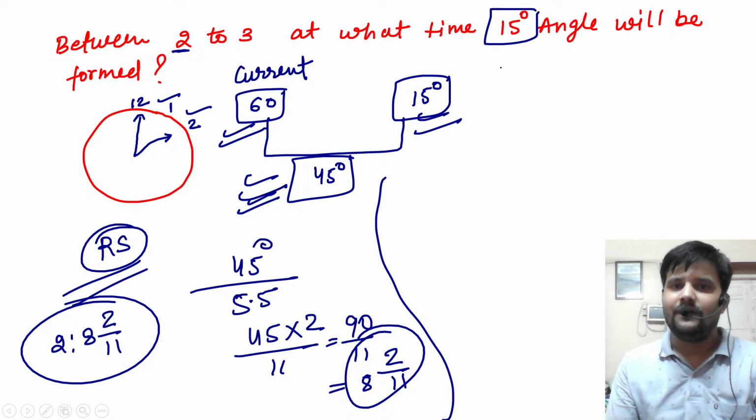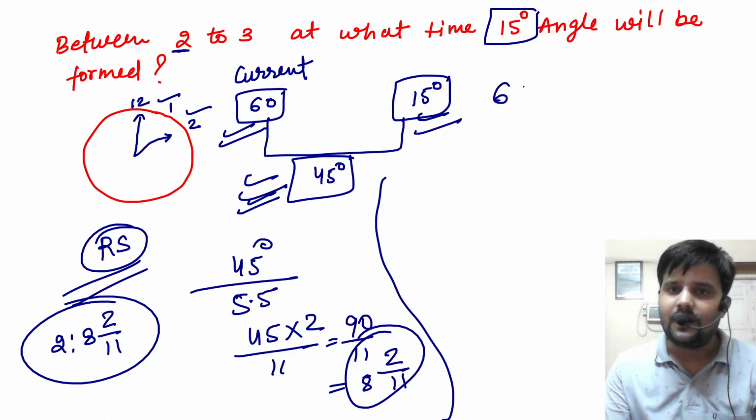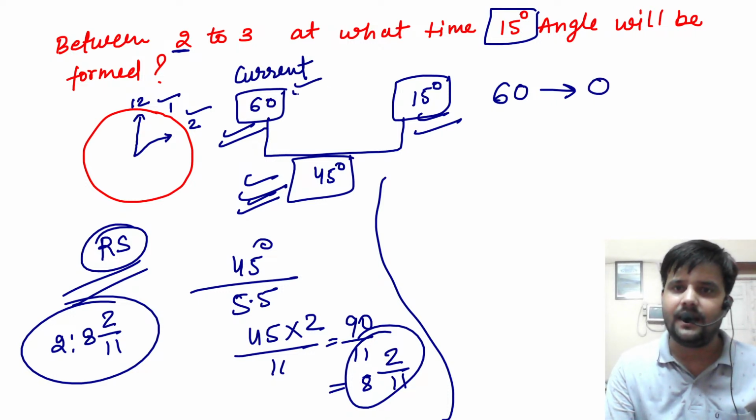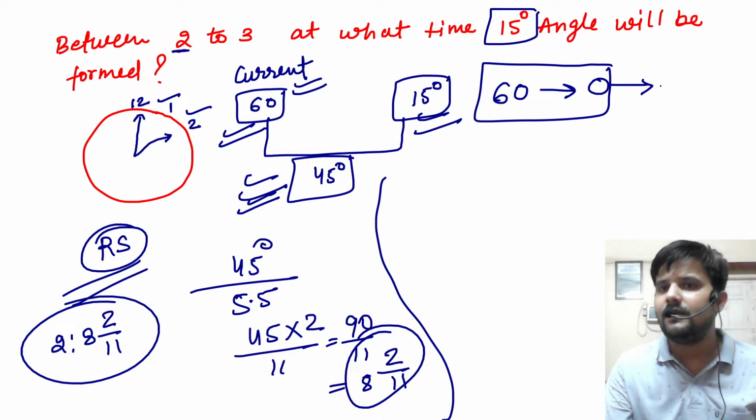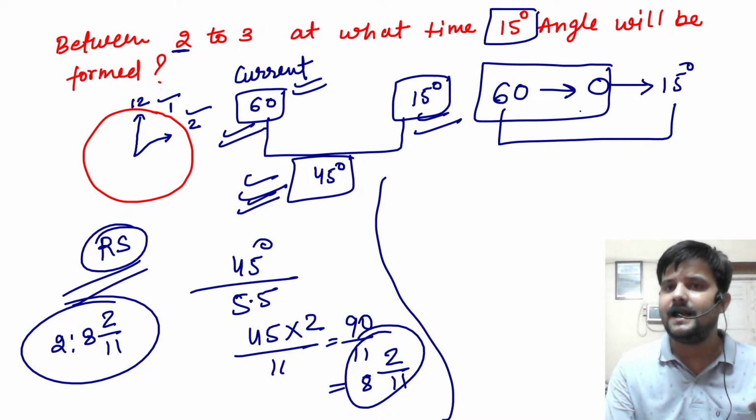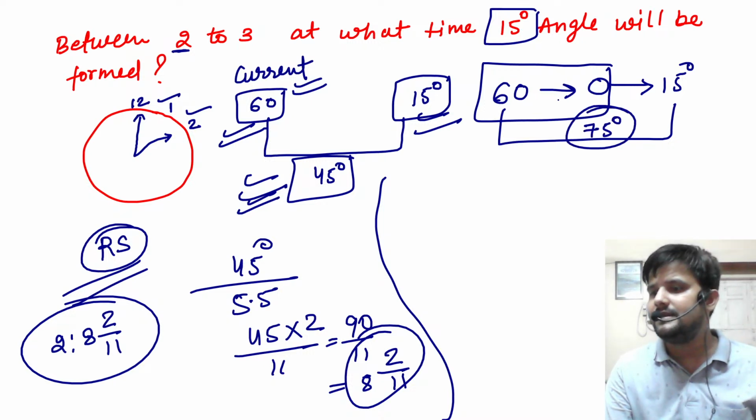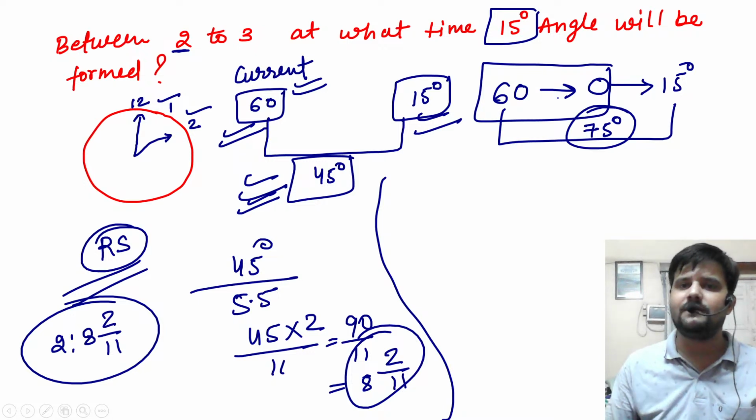So for the second time, first it will go from 60 to 0, and from 0 it will cover 15. How much distance does it have to cover? It has to cover 75 degrees actually, isn't it?